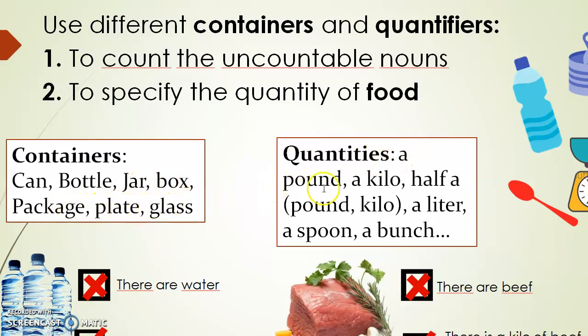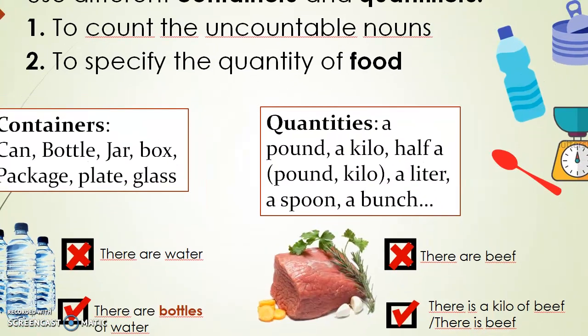Or quantities, we have a pound, una libra, a kilo, half of, media de, a liter, a spoon, una cucharada, or a punch. So you can use this vocabulary in order to have the chance to make it countable. Okay.